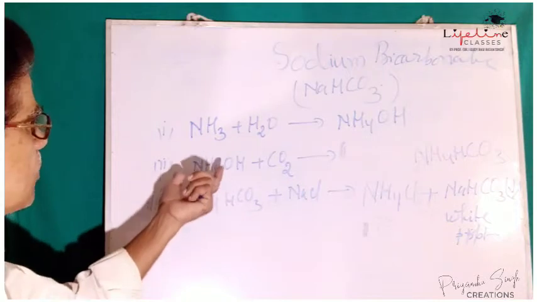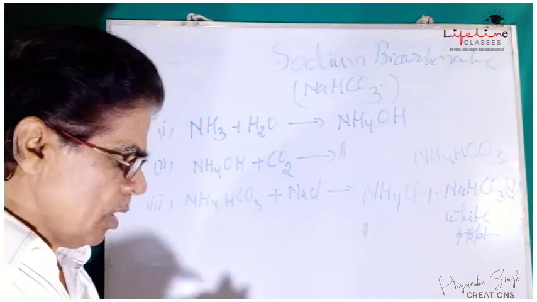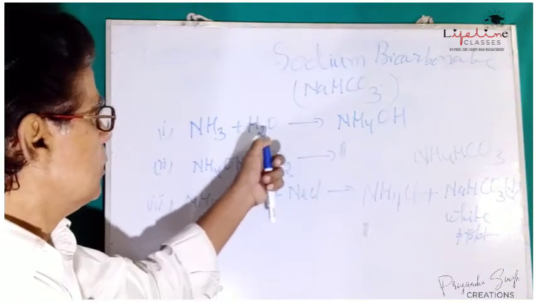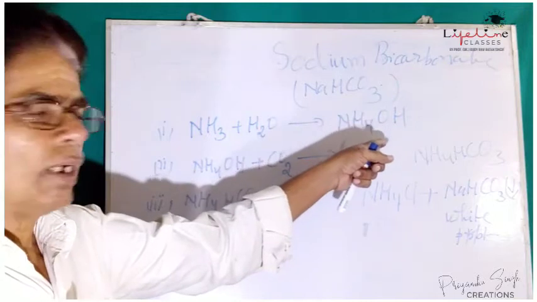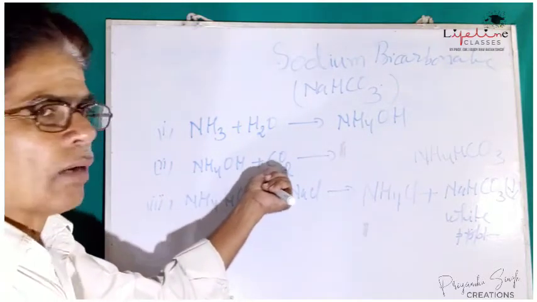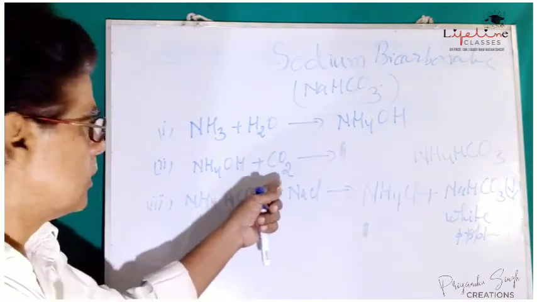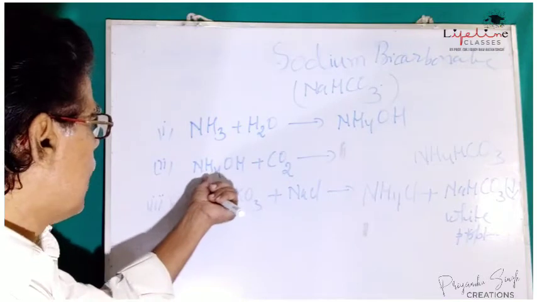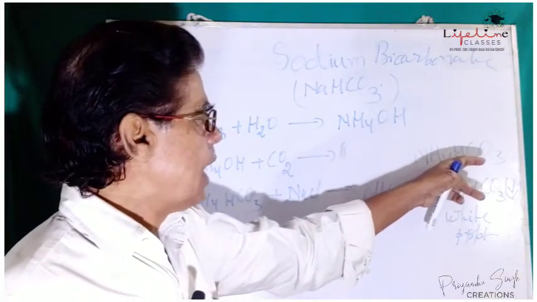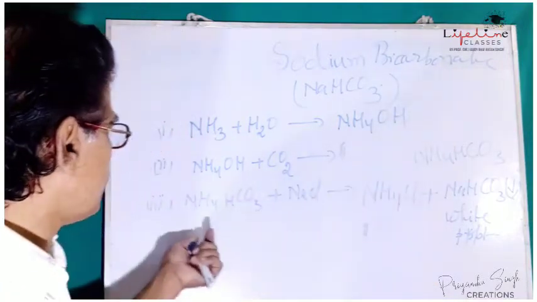This reaction takes place in three different steps. First of all, ammonia reacts with water to form ammonium hydroxide. Now ammonium hydroxide combines with carbon dioxide, because carbon dioxide is an acidic gas, and gives you ammonium hydrogen carbonate, means ammonium bicarbonate.